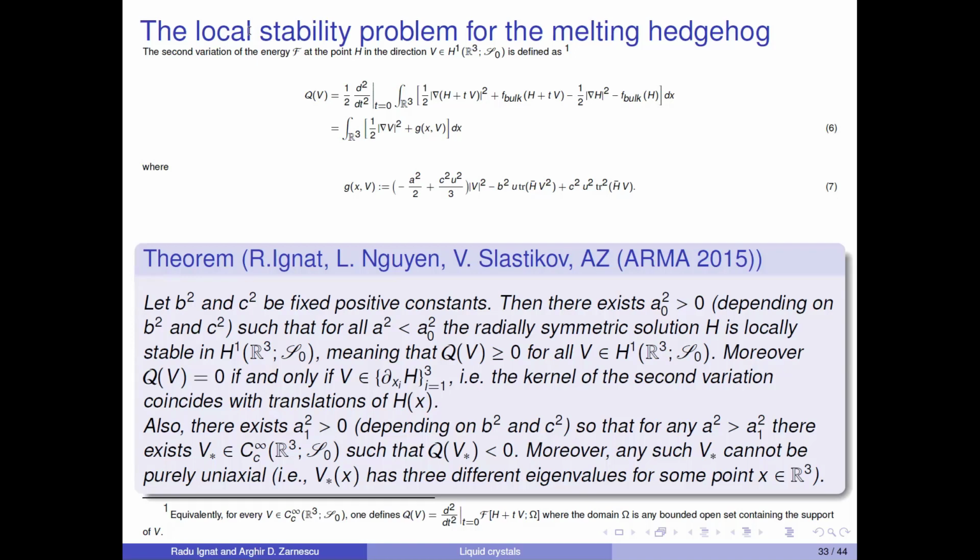And then it was a surprise for us initially, but a posteriori it made sense. This can actually be 0, the second variation, just because you are working in the whole phase. So you have second variations which are zero just because of the symmetry.